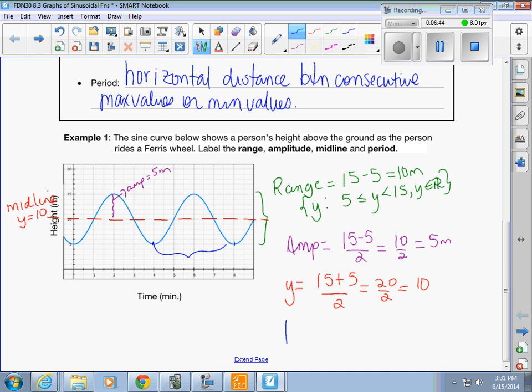Well, the period is equal to 8 minus 4, which is 4. In this case, this would be minutes, because we're dealing in minutes. If I did it on the top, to go from my maximum to my maximum, I'm going from 2 to 6. So 6 take away 2 is also equal to 4. So you can see how I get the same value.